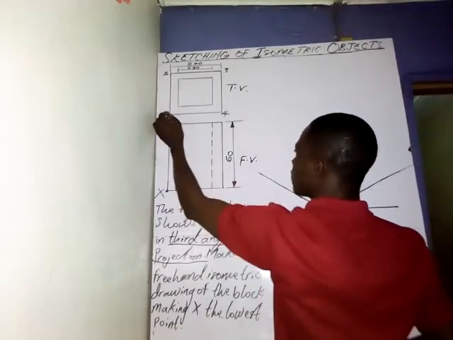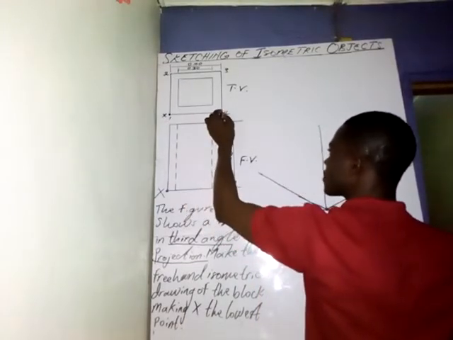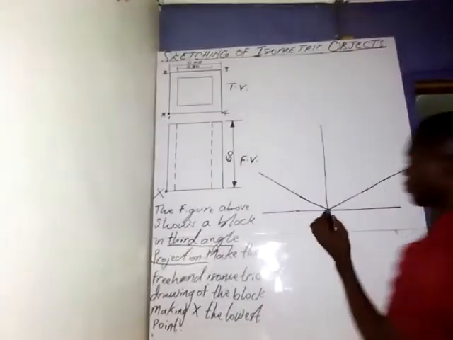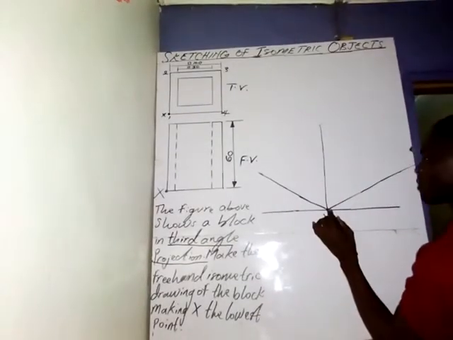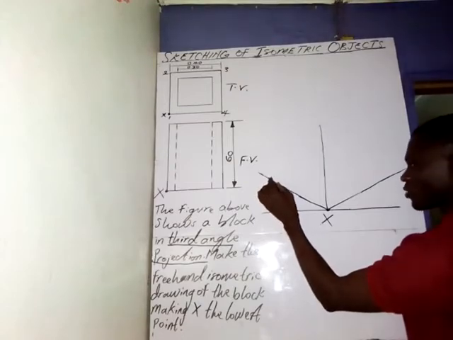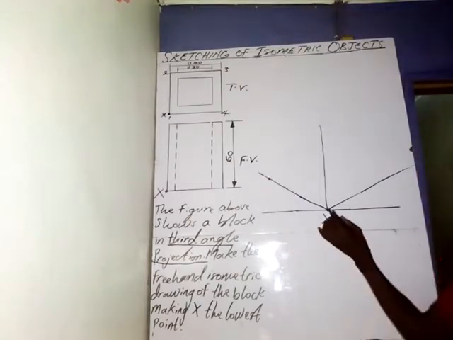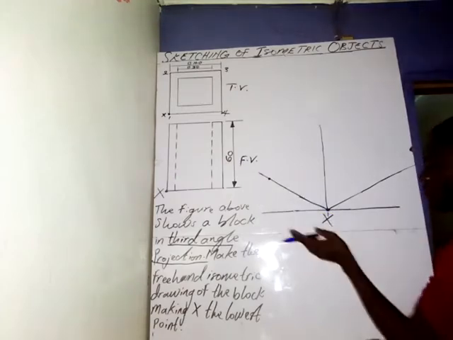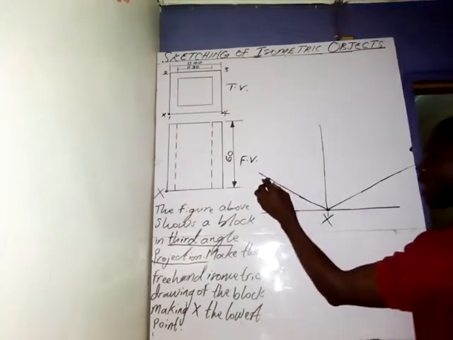I have numbered the corners 1, 2, 3, 4. From 1 to 2 is 40 millimeters, and from 1 to 4 is 40 millimeters. With your ruler, just take 40 millimeters from here to here. Here we have point 1, which also happens to be the lowest point, and here we have point 2.